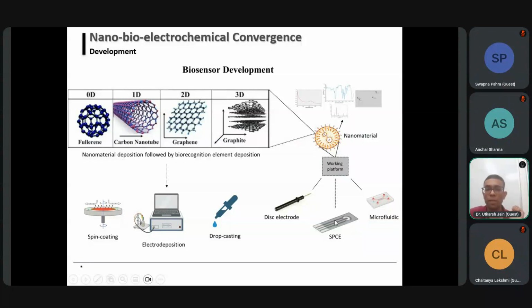So screen printed electrodes, microfluidic devices and disc electrodes are utilized for coating of nanomaterials, then coating of biorecognition elements, and then finally optimizing and priming the sensing devices. This part is not that important, but we need a potentiostat where we electrodeposit certain nanomaterials, and there are a couple of procedures which we follow.